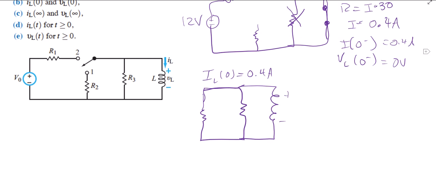It's tricky because I don't find it intuitive that things would work this way, but this is how it is. The one thing we know for sure is that current through an inductor cannot change instantaneously. So you want to grab hold of that, and use it. So I know my current right here is 0.4 amps.